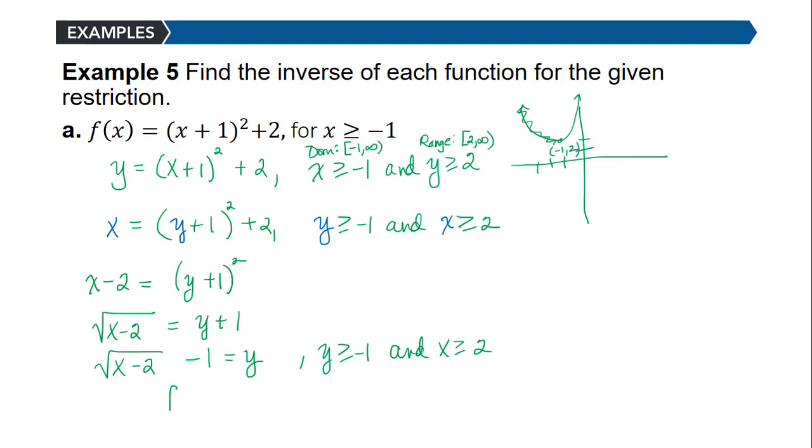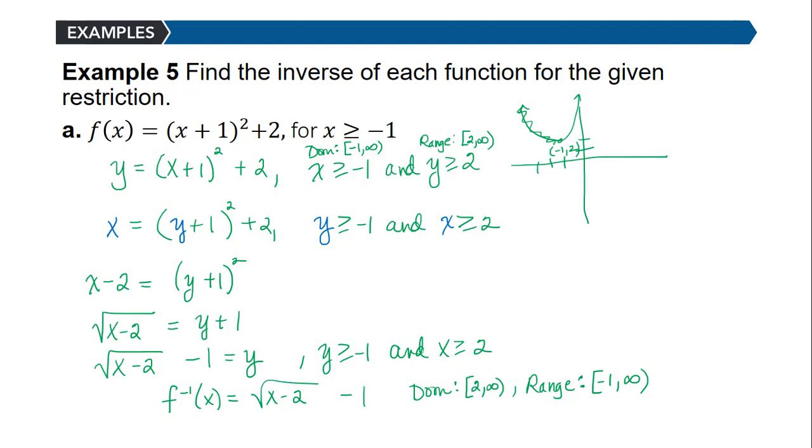And so in our inverse function, which is f inverse of x, which is equal to the square root of x minus 2, then minus 1, we're saying that its domain is x greater than or equal to 2, which is bracket 2 to infinity, and its range is greater than or equal to -1, which is bracket -1 to infinity. So we can see that the domain and range of the function and its inverse interchanged.